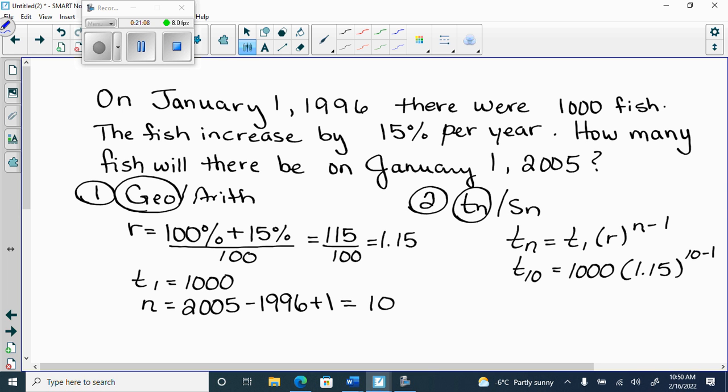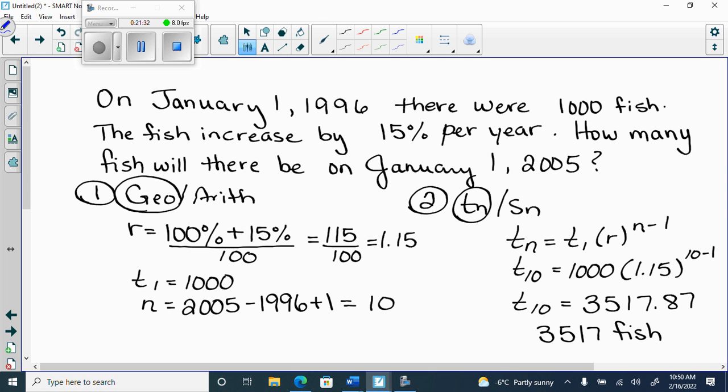And I get 3517.87, which is actually 3,517 fish. People will say that's 18. No, it's 3,517 and then 0.8 of a fish. You can't just miraculously find 0.2 of a fish.